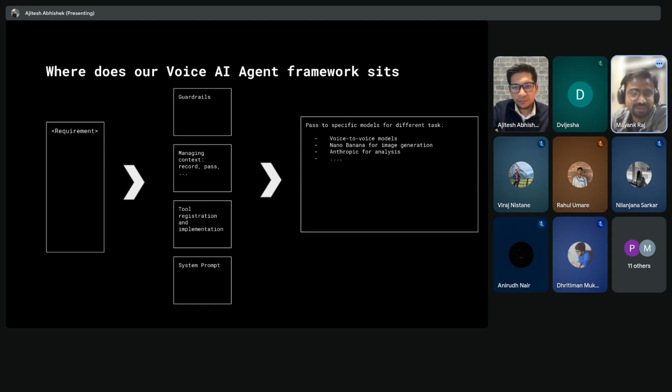And finally, effectively, you get an agent which you can interact with on our platform, or we will learn how to take it into your application outside of the platform. I think yesterday there was one question about what is happening behind the scenes. So this is an answer to that question. The components that you see in the second layer, like guardrails, managing context, and tool registration, will be the same across any framework you build on.